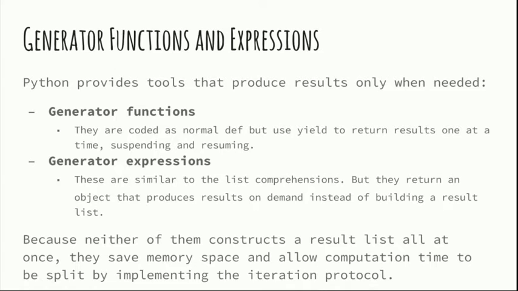Generator expressions are similar to list comprehensions, but they return an object that produces results on demand instead of building a result list. Because neither of them constructs a result list all at once, they save memory space and allow computation time to be split by implementing the iteration protocol.